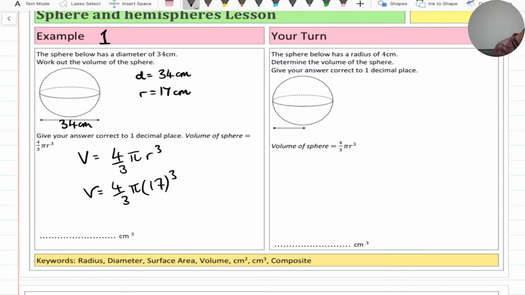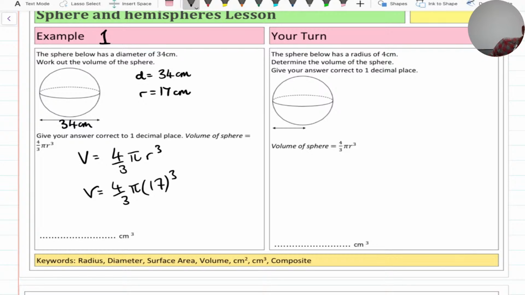Let's see if you haven't left your calculator in school. So 17 cubed times 4 divided by 3 times pi.